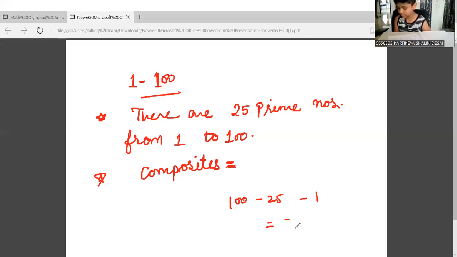How many composite numbers are there from 1 to 100, Amika? 74. 100 minus 25, so we subtract all the prime numbers as well as 1, because 1 is neither a prime number nor a composite number. Is it fine?